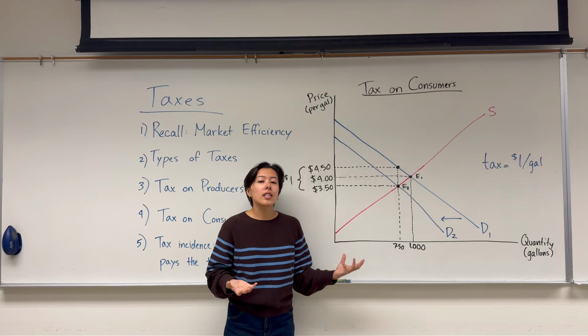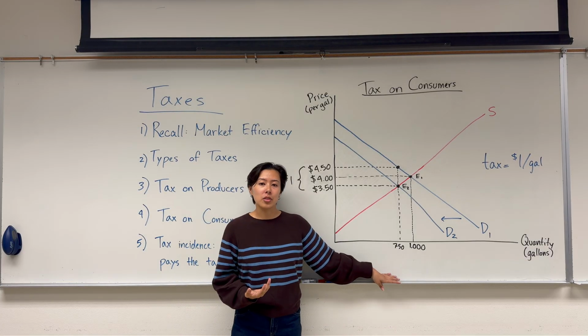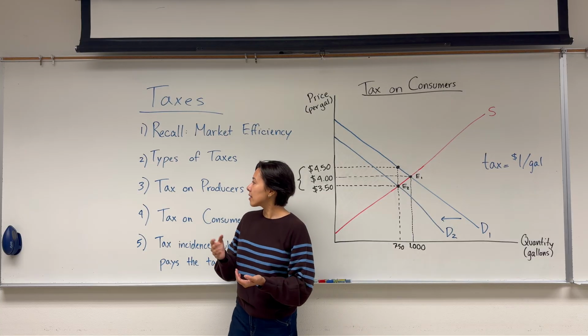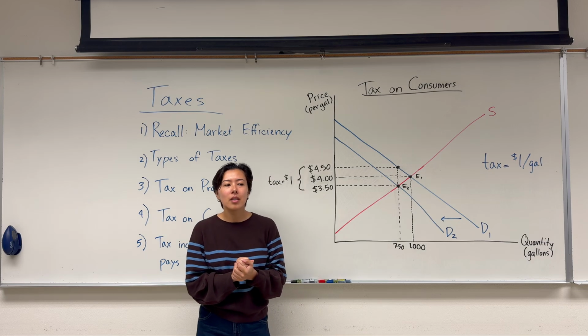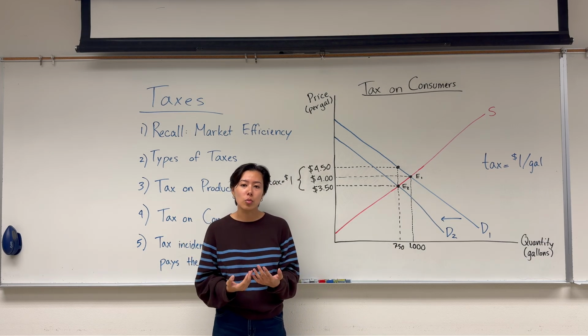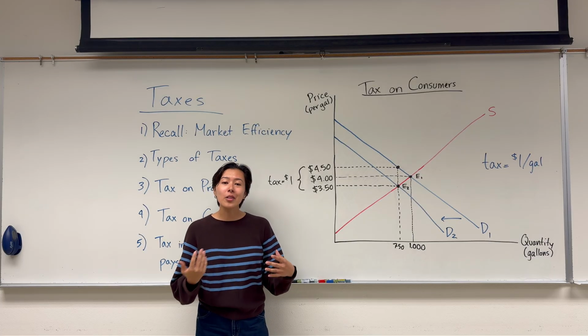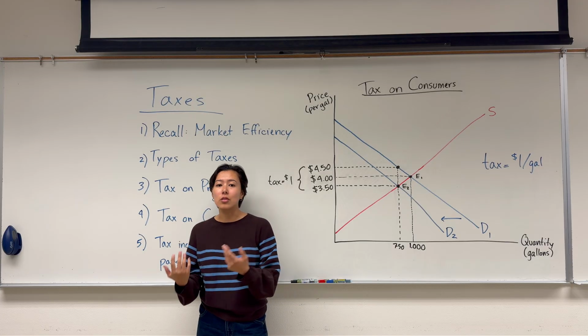All right, the interesting thing about this result, and maybe you don't believe me yet because I've just plugged in some numbers on this graph, but the effects of a tax on our equilibrium are going to be the exact same no matter whether the government is taxing producers or taxing consumers. So for political reasons, the government might choose to put the tax on producers or on consumers.